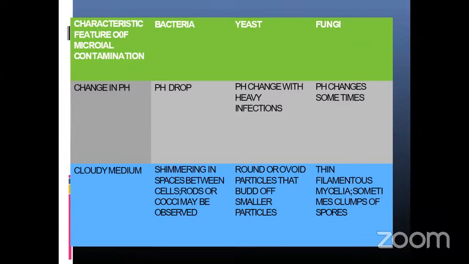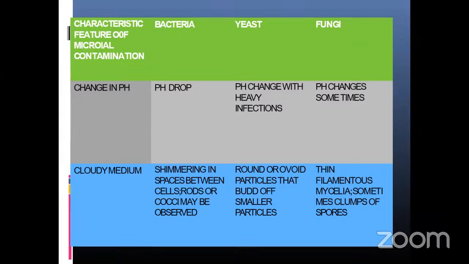In bacterial growth the pH will drop. With yeast, the pH can drop or increase, because it releases waste. Fungi also change the pH, so the pink color will become yellow. By looking at the color change you can see.